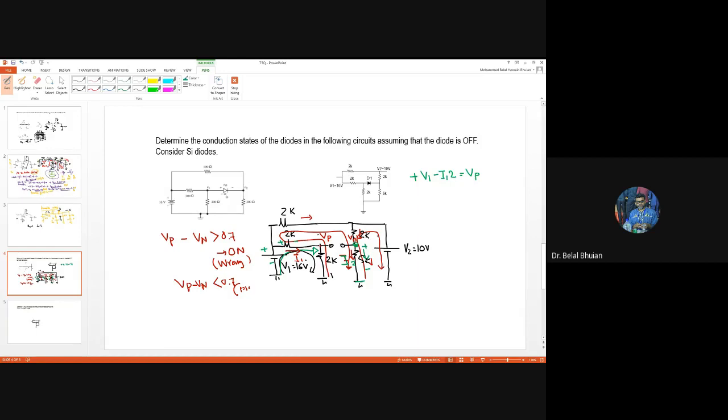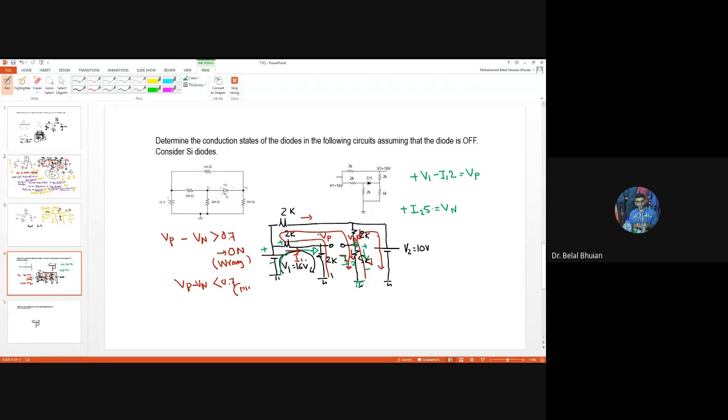The direction of the current tells us the polarity of the voltage across the resistor. Starting from ground, the first sign we encounter is minus, so we go from low to high: plus I2 times 5K equals VN. So I know VP, I know VN.